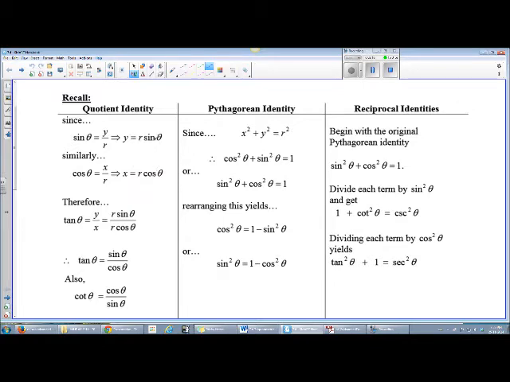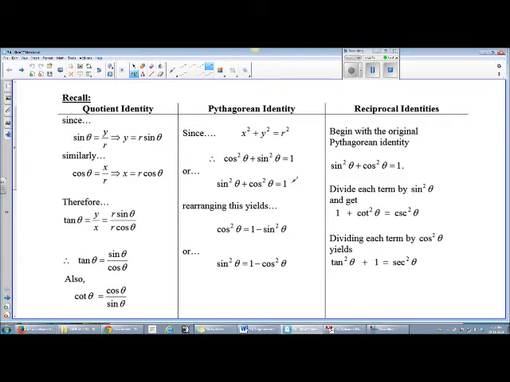We use that r, the radius of the circle, is 1 unit, hence the unit circle that we'll be using. If we substitute cosine theta in for x, we get cosine squared theta. We substitute sine theta in for y, we get sine squared theta. And the radius is 1, and 1 squared is just 1. Rearranged, sine squared theta plus cosine squared theta equals 1.